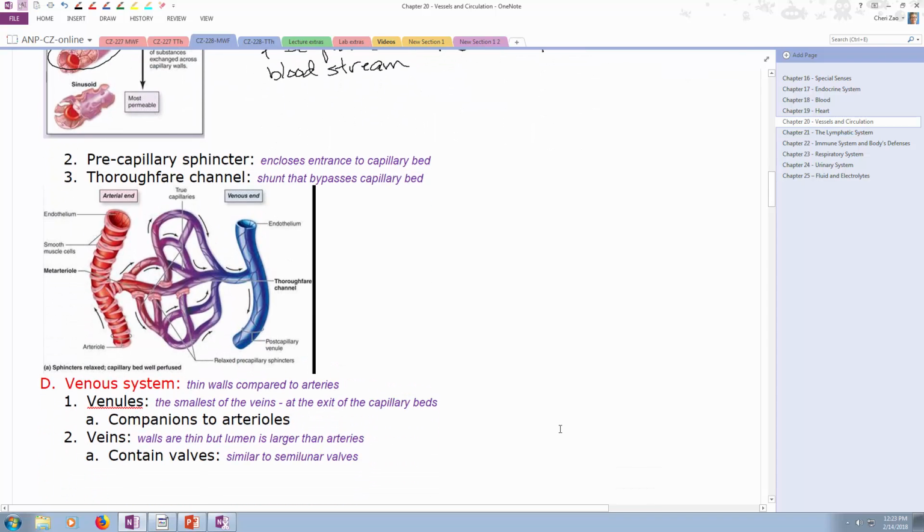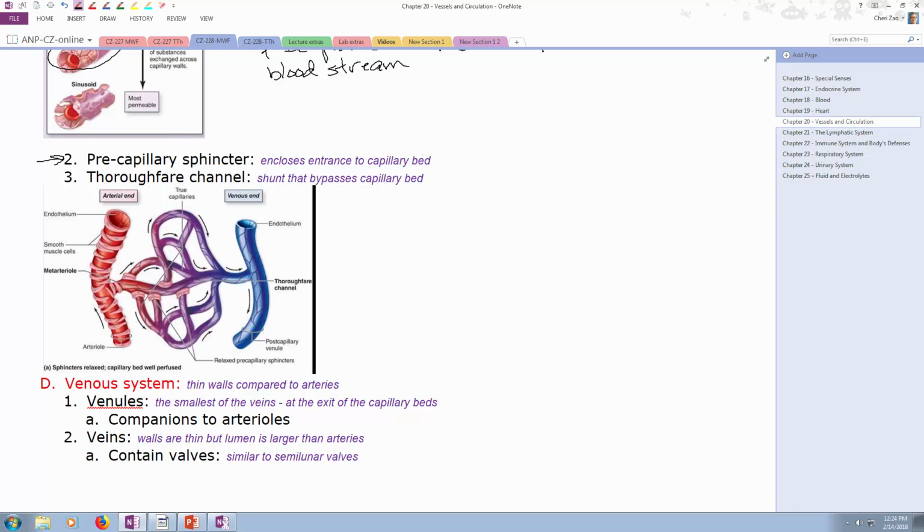The capillary beds that supply, say, muscles, organs, things along that line, will have a sphincter called a pre-capillary sphincter that is going to be in charge of the flow to the capillary bed. And let's take a look here.